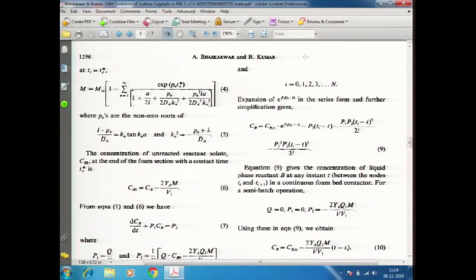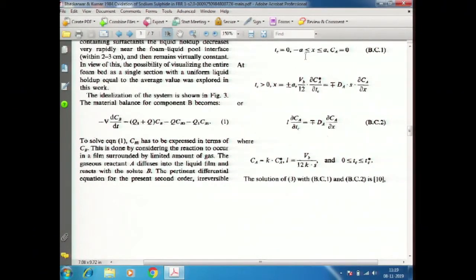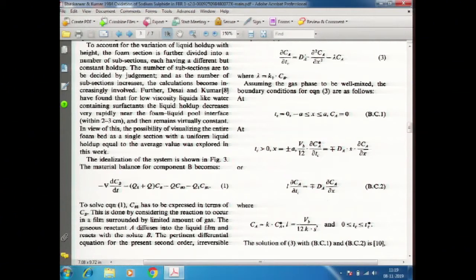We have to take that into account, because the time scale of reactor operation, that is the time scale of this T, is very different from the time scale for the foam section. That is the reason this is Tc. Tc varies from say 0 to Tc star, maybe 10-15 seconds.